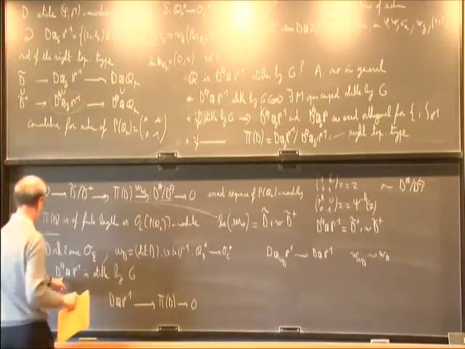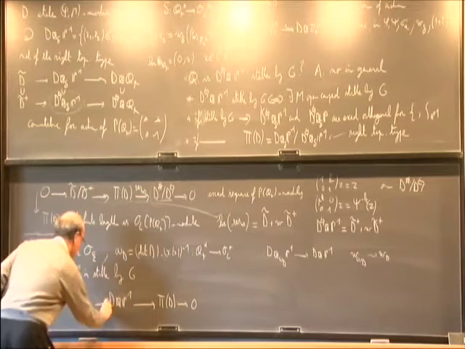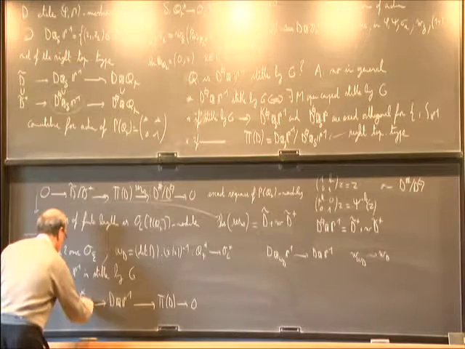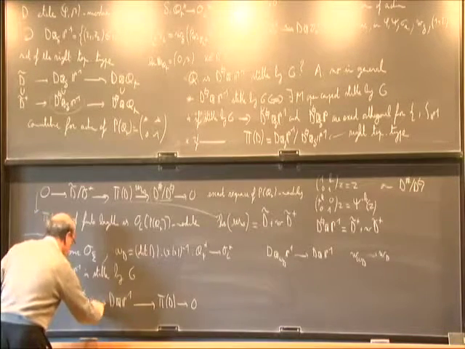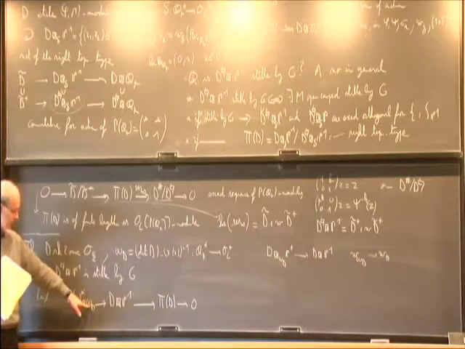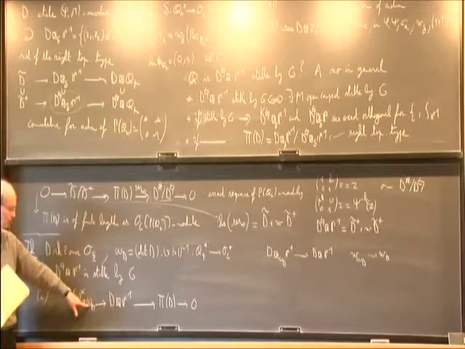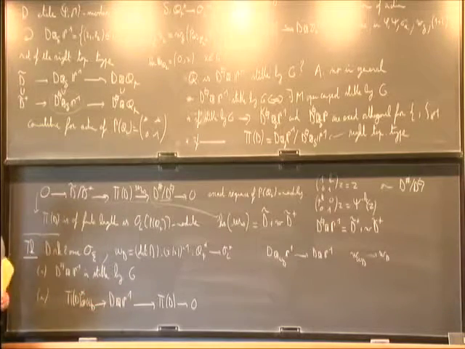So the kernel is this one, but this one is isomorphic to pi of D star tensor omega D. And when I say that, I mean you have an action of G everywhere. And omega D means omega D composed with the determinant.